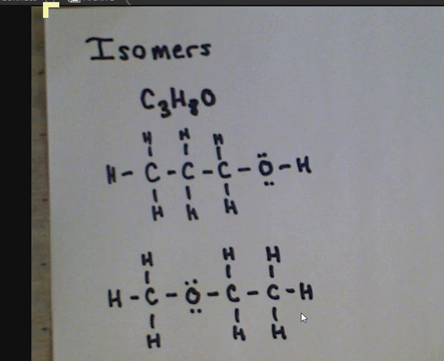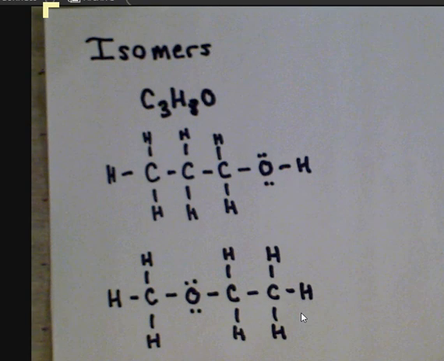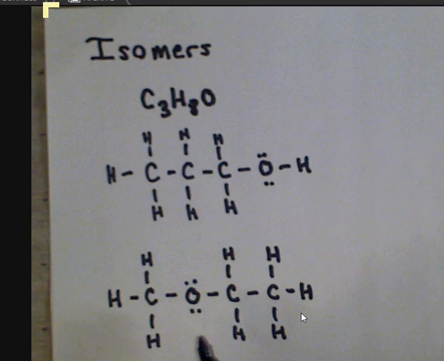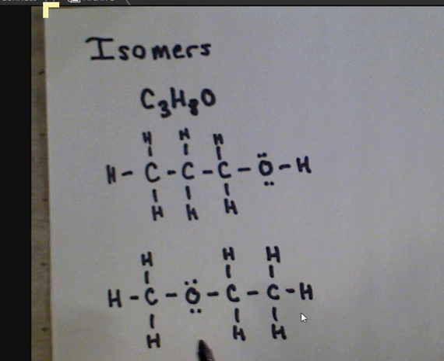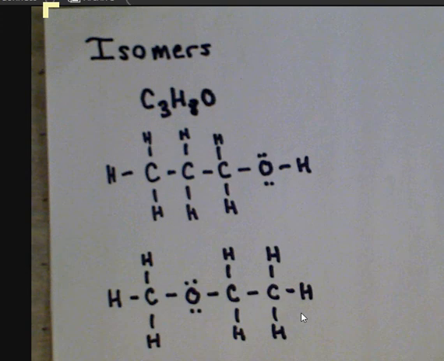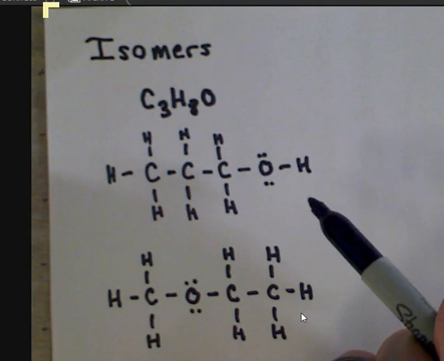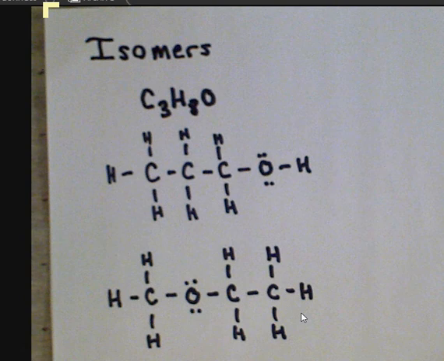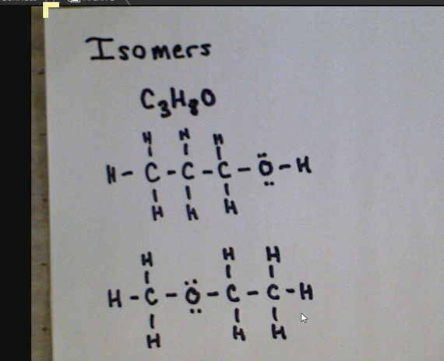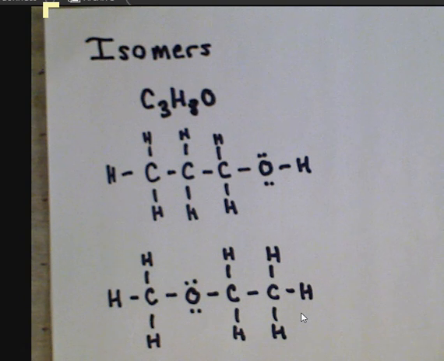So same exact formula as we were dealing with before, but now because we don't have hydrogen attached to the oxygen, we get very different properties. This particular compound is going to have a lower boiling point, and doesn't experience nearly the strength of the intermolecular forces that would be experienced by the first compound that we discussed. So again, same formula, but a different arrangement, and because of the different arrangement, we have very different chemical properties.